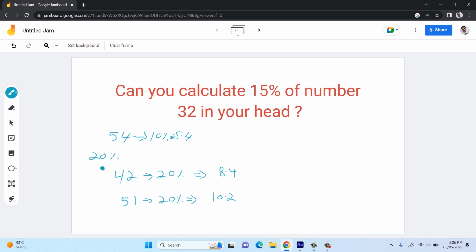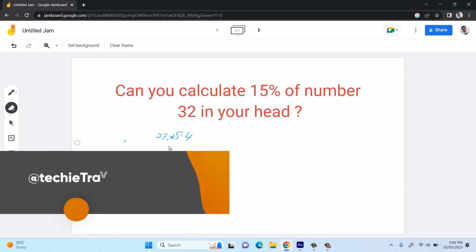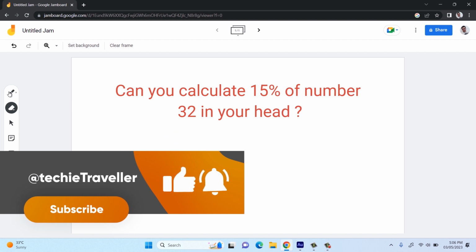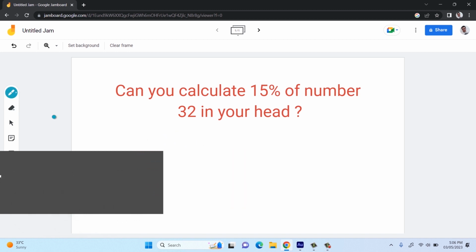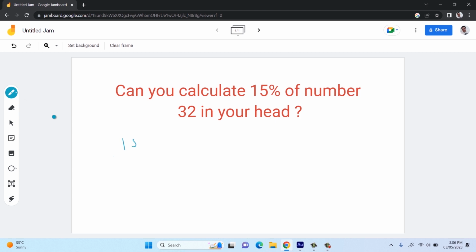Correct? Now let's just try to do the 15% of any number. So let's just calculate 15% of number 14. So first what we have to do is first we have to calculate 10%.